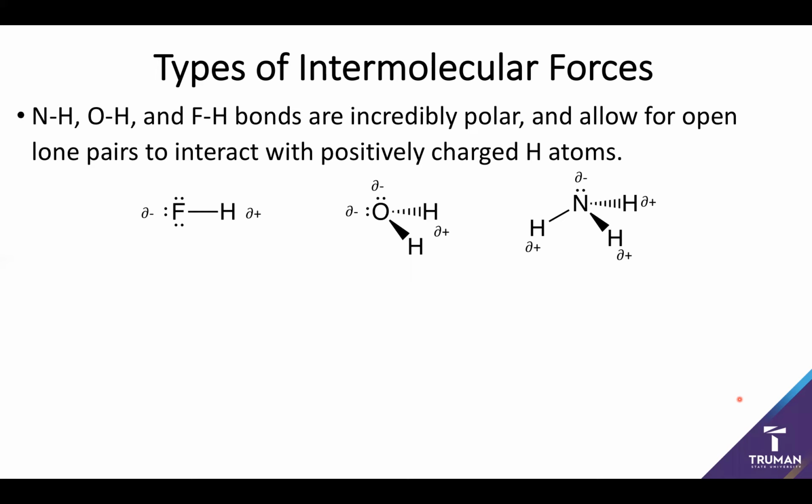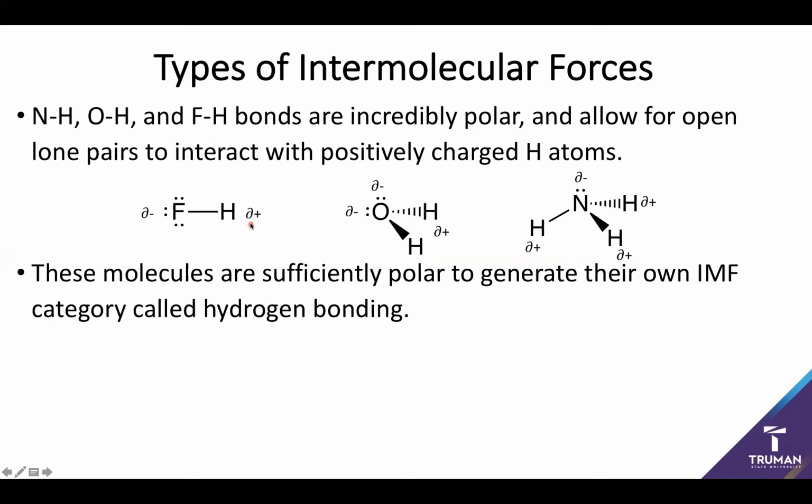All three of these bonds are incredibly polar, and they guarantee that our anionic part has open areas of negative charge in the form of these lone pairs that can interact with the positive charges of the hydrogens. And so if I have an interaction in between any molecule containing any one of these bonds, you generate what is called a hydrogen bond.